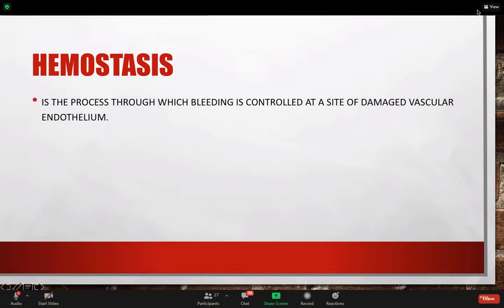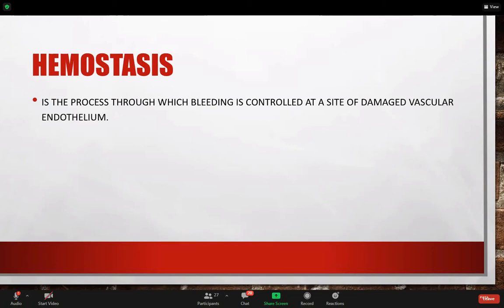Okay? So as you guys know, I'm putting this briefly here, but I will pay attention to the details if they come up. Okay. So hemostasis, what do we mean by hemostasis? Hemostasis is a process, a movement within the vessels in which bleeding can be controlled at the site of damaged vascular endothelium.